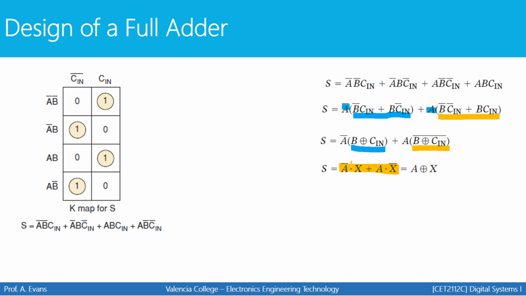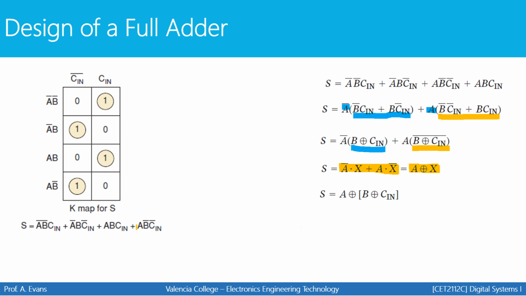If we have not A and X, or A and not X, that's saying A is exclusive ORed with X. Now we're going to substitute back in what X stands for. We said that X would stand for B exclusive OR C. So when we have A exclusive OR X, what we really have is A exclusive OR B exclusive OR C.